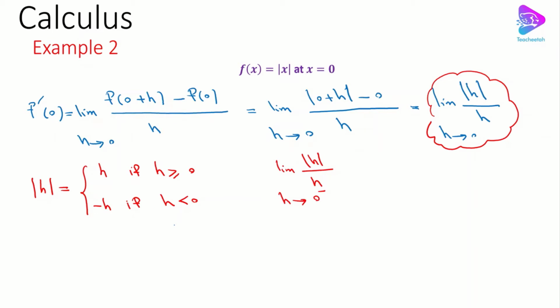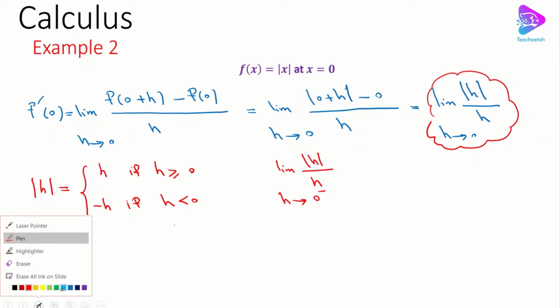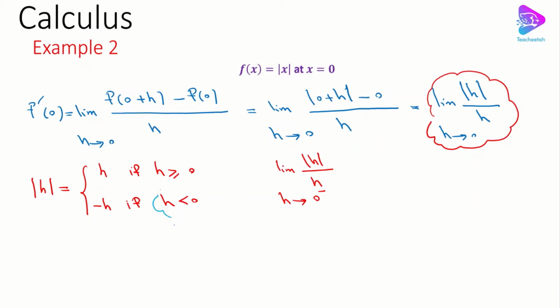Basically we are in this region now, and it is going to be negative h over h. So this h is cancelled from top and bottom, and the answer is going to be minus 1.